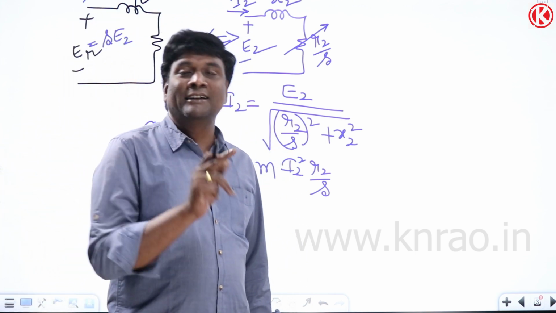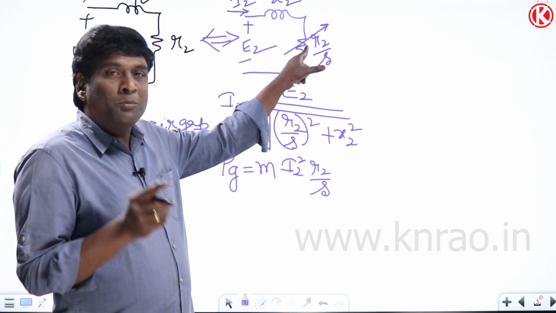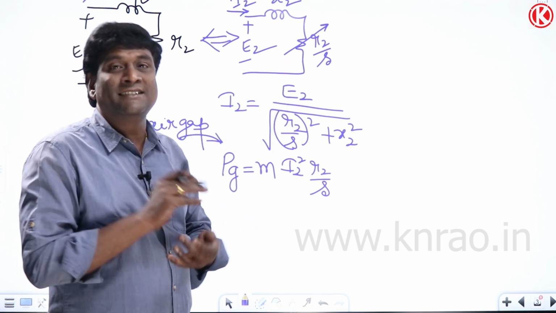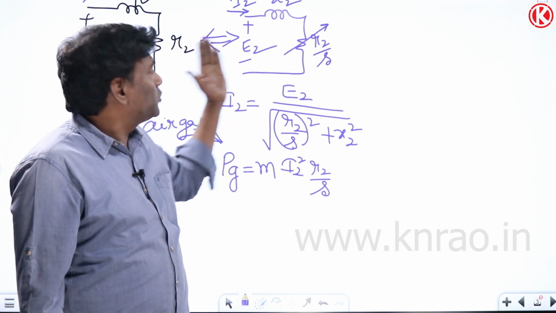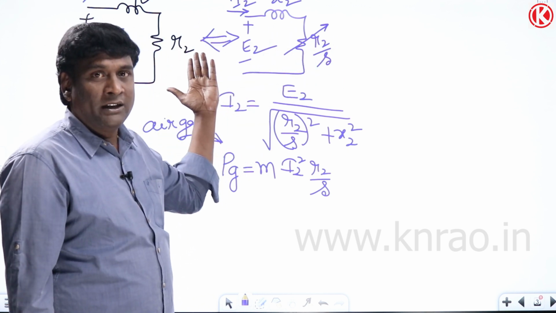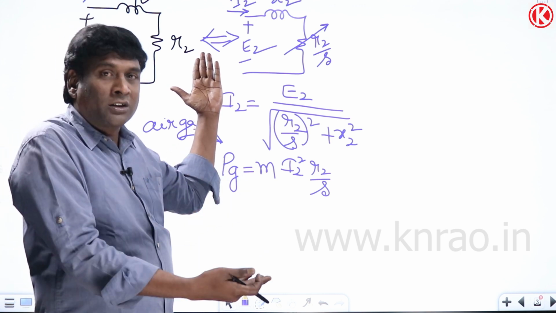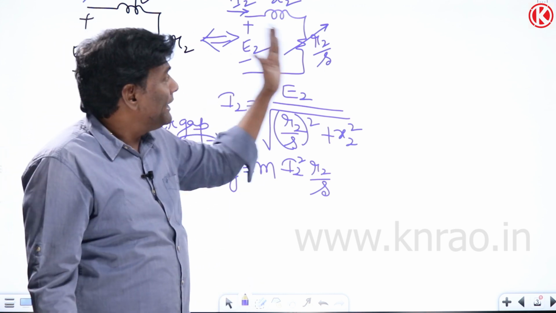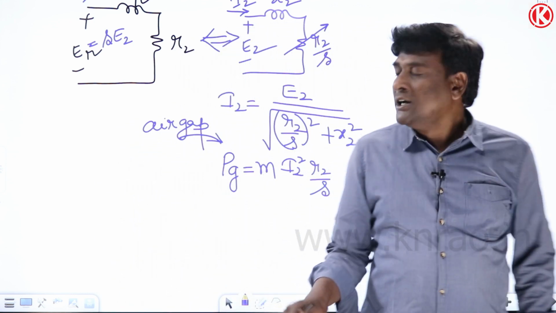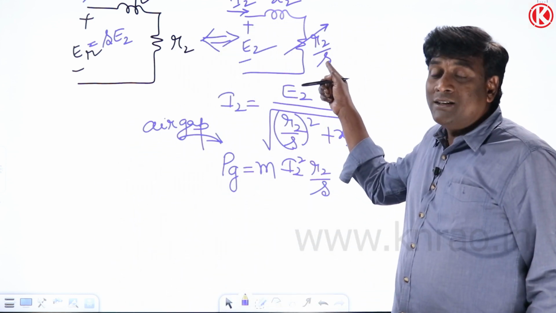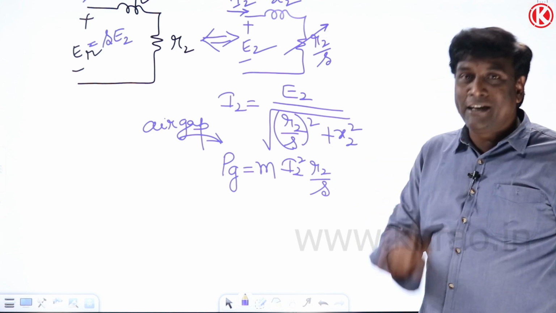But in an induction machine, under ideal conditions, for example R2 equal to 0, rotor resistance is 0, the power absorbed by this is going to be 0. So when air gap power is 0, which is the power to be transmitted to the rotor circuit, how much will be the output power? Output power will be 0. So my rotor resistance R2 should be non-zero, then only the induction motor will work.